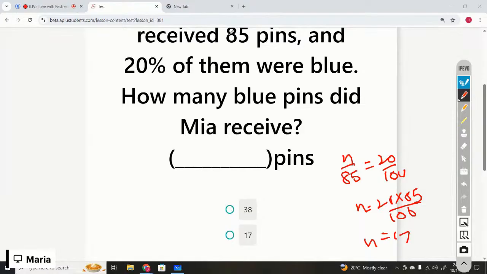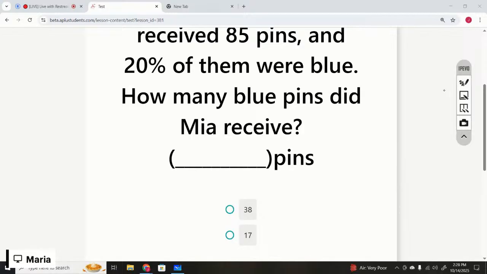So the correct option is 17. The correct option is n equals 17. Option number 2 is the correct option.